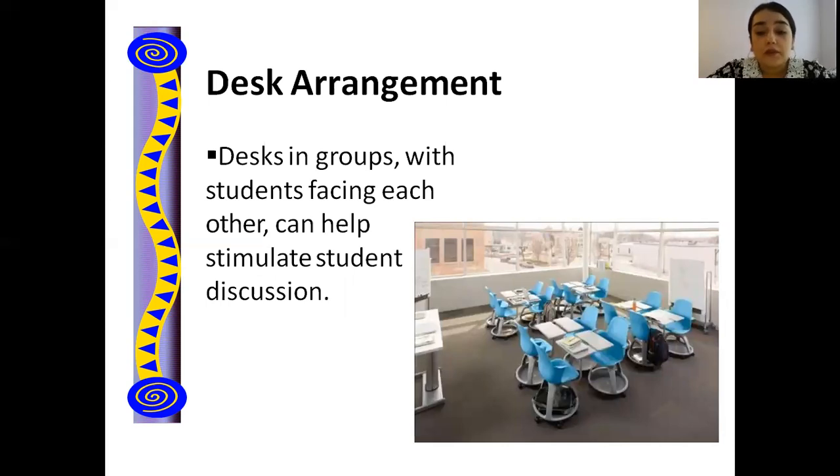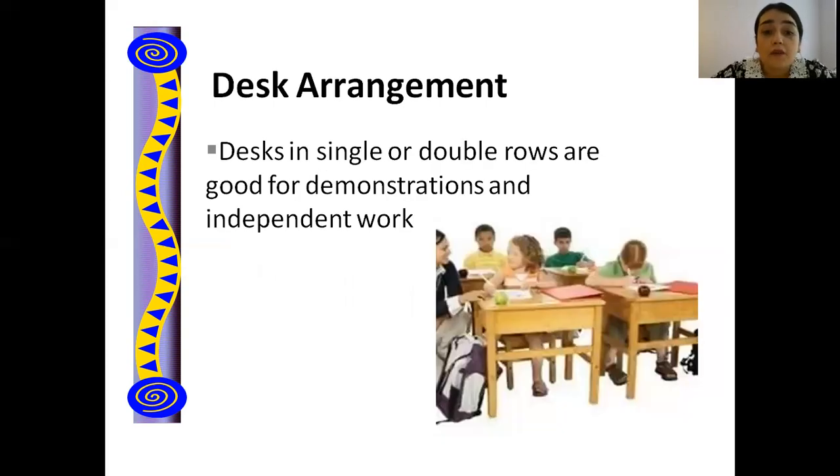So as you see in the picture, there is a group work desk arrangement. These are desks in groups with students facing each other, and it can help stimulate students' discussion as they feel a sense of teamwork. The next type is desks in single or double rows, which are good for demonstration and independent work.